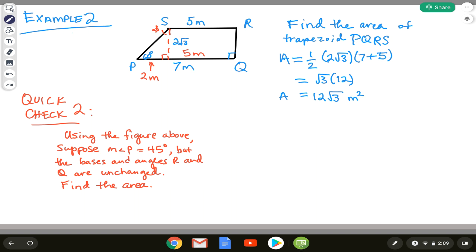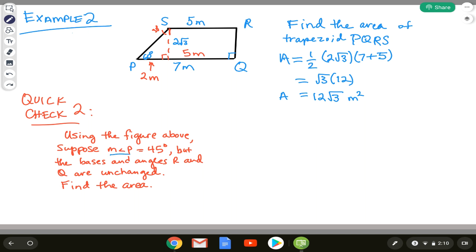Okay, now Quick Check 2 asks you to take this figure that we have above and just change it a little bit. Everything stays the same except for the angle at P. Well, I should say not everything stays the same. The angles at R and Q stay the same. The lengths of the bases stay the same, but the height is changing so that we can draw a new figure.